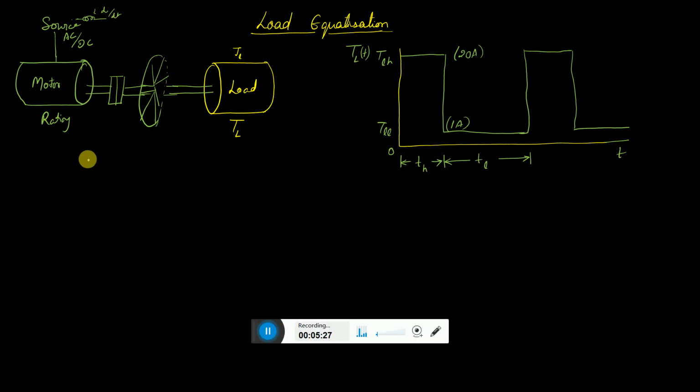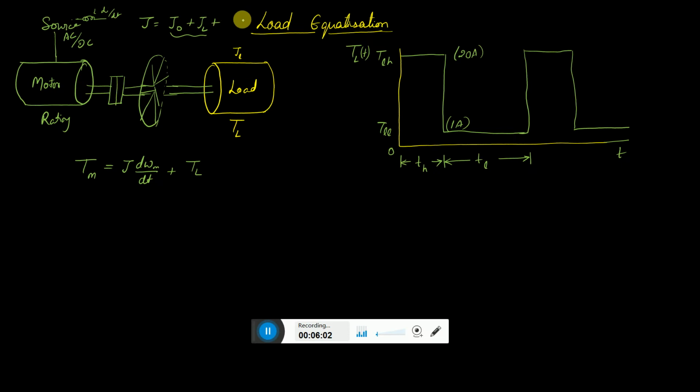To understand that, let us write the torque equation, that is Tm is equal to J d omega m by dt plus TL. This is the torque equation for this load, where J is equal to J0, that is the moment of inertia of the motor and the load, plus the load is JL, let us write JL also, plus this is initially there.